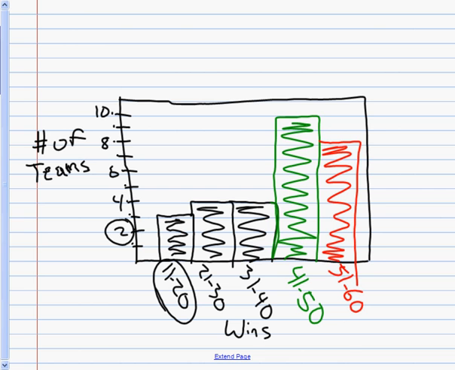But if we were looking for the number of teams who had more than 40 wins, this would be very helpful to us. For more than 40 wins, it would be anything 41 and higher, which would be these 10 teams plus these 8 teams. Right, we have 10 here and 8 here, which would give us 18 teams with more than 40 wins. So that would be a question that we could answer easily using this histogram.